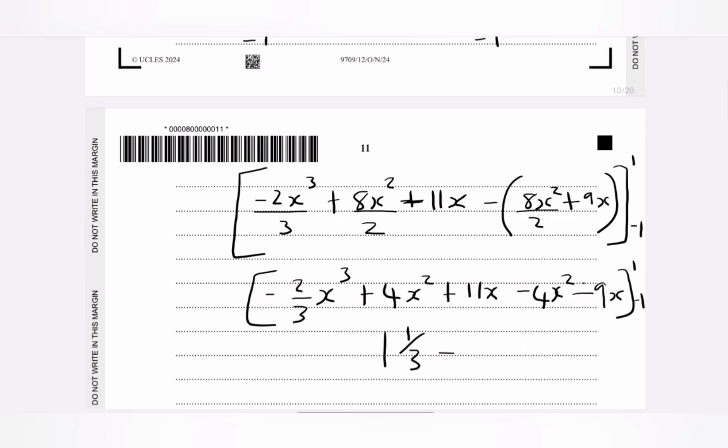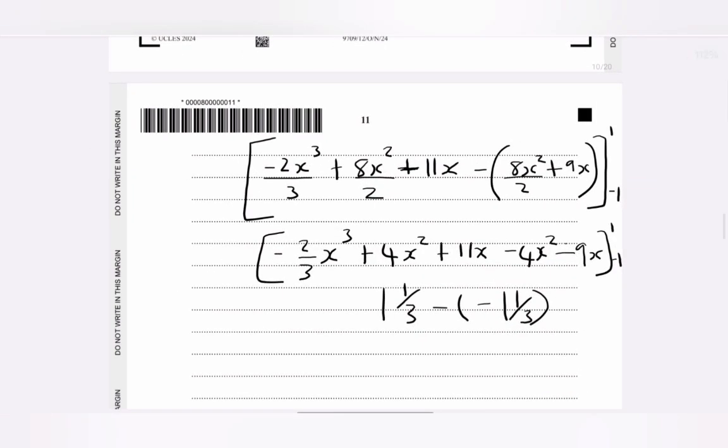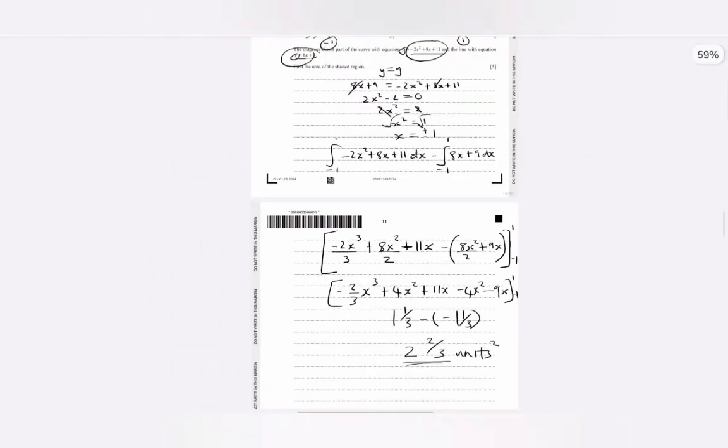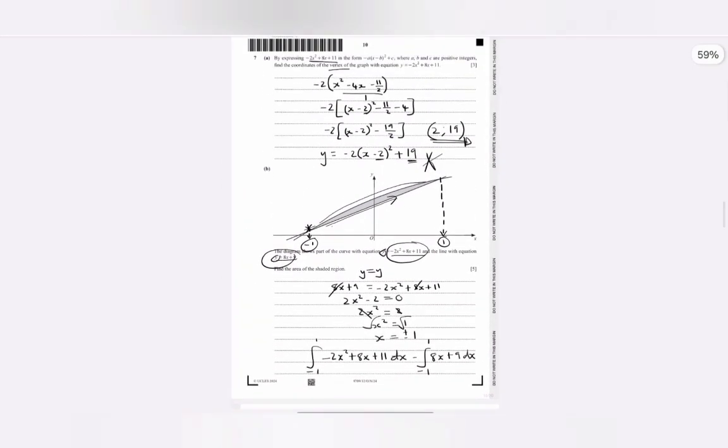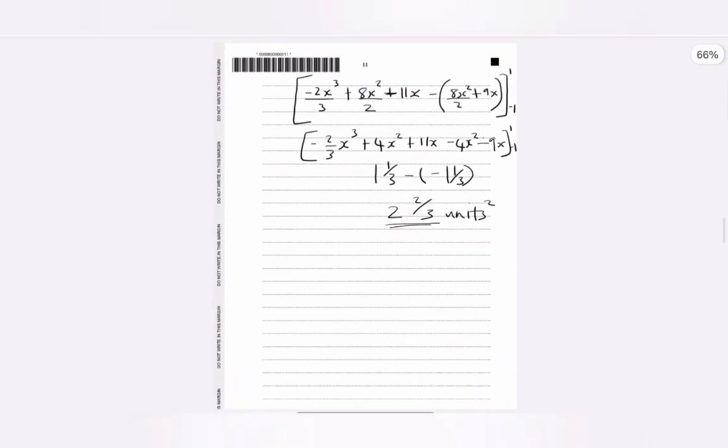Then plus 4 minus 11, then minus 4 plus 9. And that will be minus 1/3, like this. And this is going to give us 2 2/3 square units to be our area, and get our 5 marks for number 7.